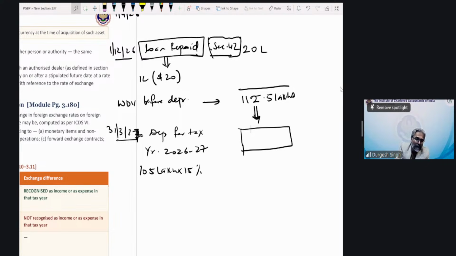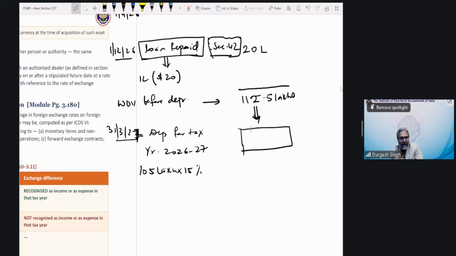Accordingly, students, on 1st of December 2026, that extra 20, you will always compare from the spot rate, that extra 20 into 50,000, that balance portion. That will give you, in this case, 10 lakhs.